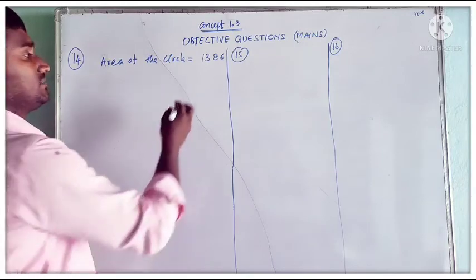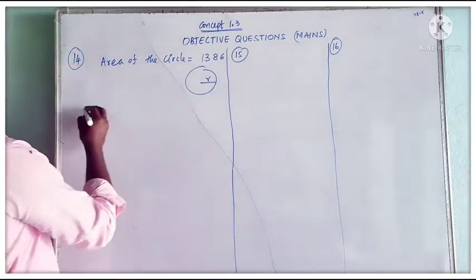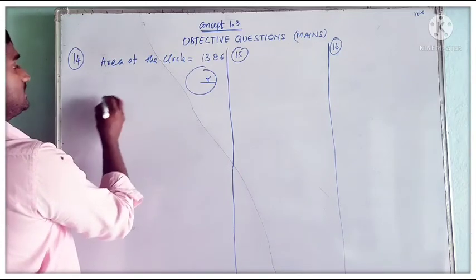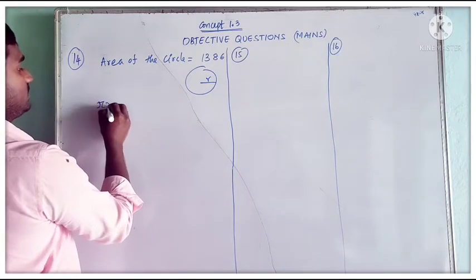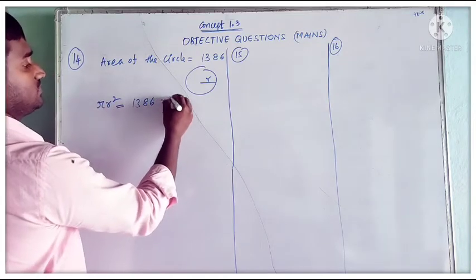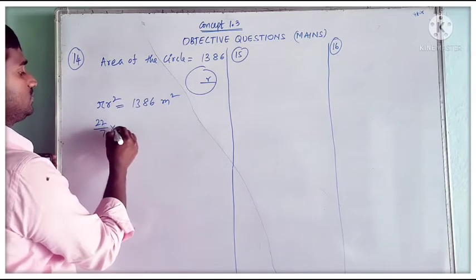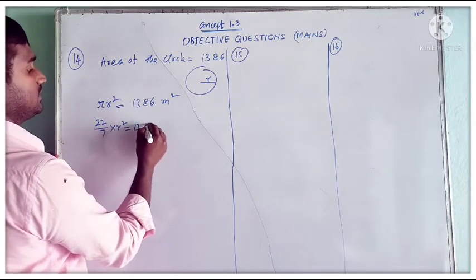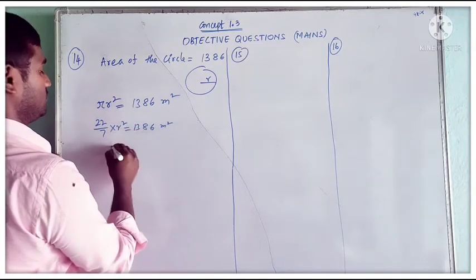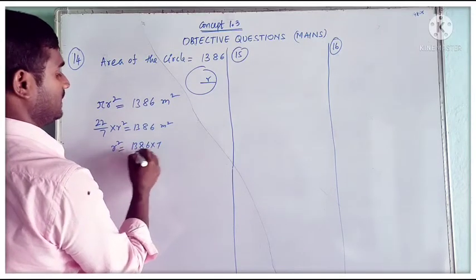If the radius of the circle is r, then area of the circle is pi r square, equal to 1386 meters square. Pi value is 22 by 7, so 22 by 7 into r square equals 1386. So r square equals 1386 into 7 by 22.